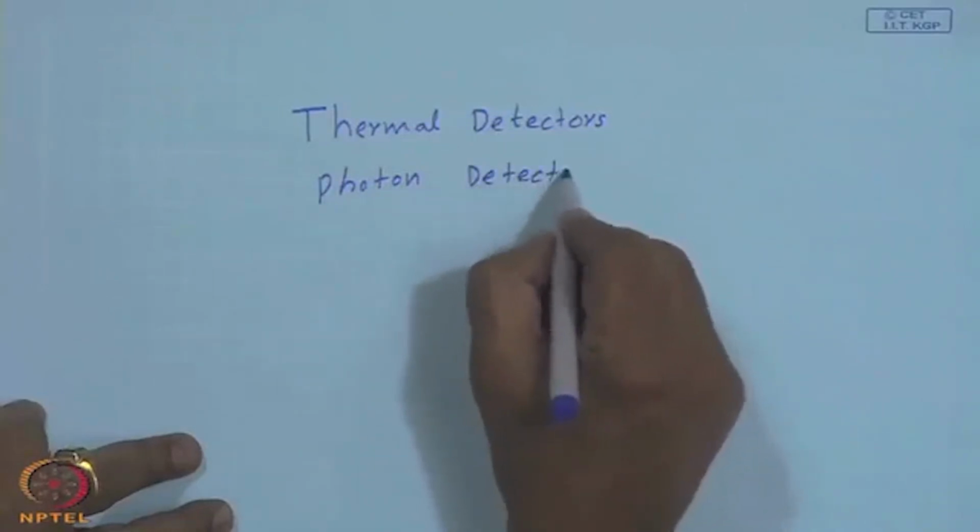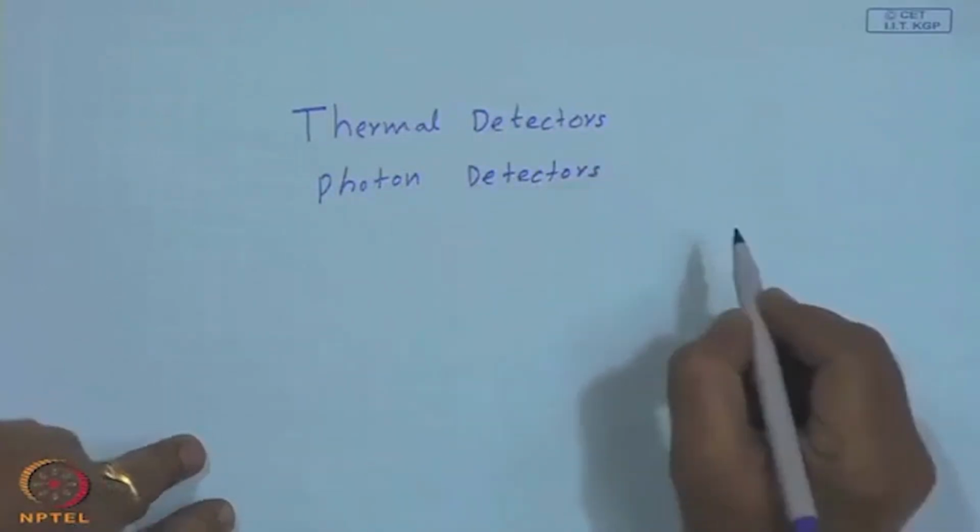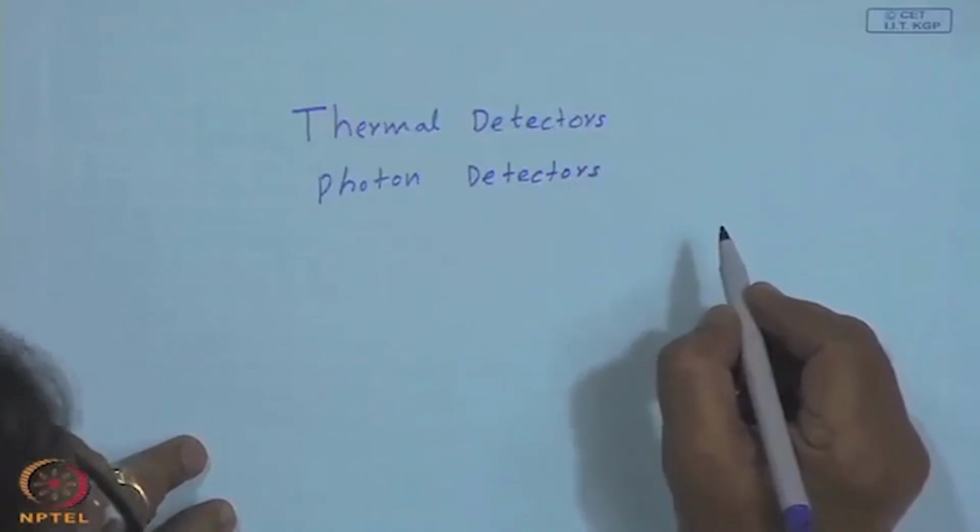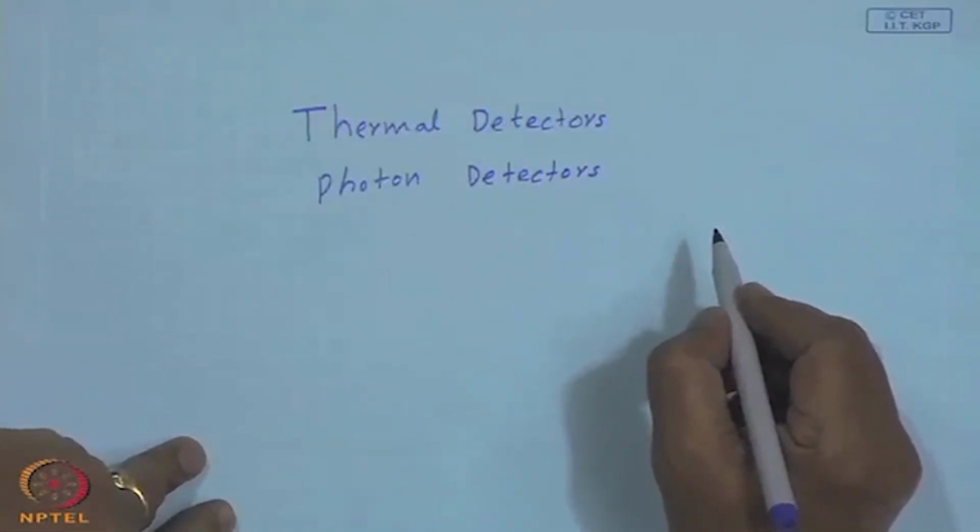The thermal detectors essentially produce a temperature differential between a heated part and not so heated part, and the temperature difference being proportional to the solar radiation that comes onto the instrument. Whereas, the photon detectors directly convert the solar radiation to electricity.